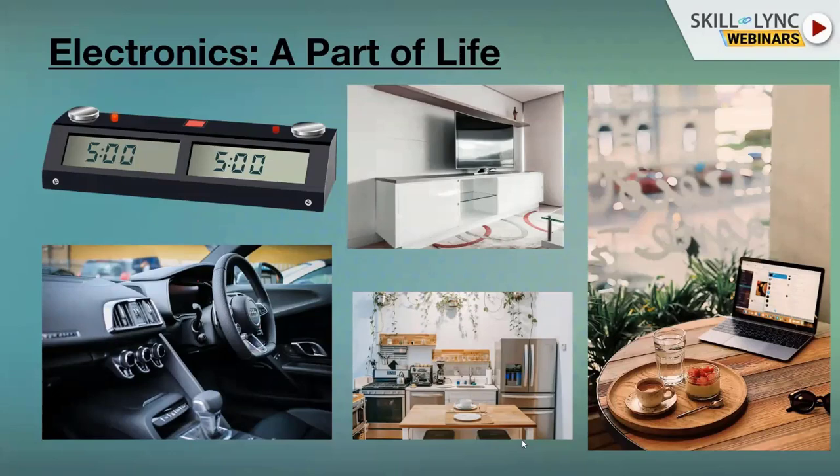You can see electronics everywhere. Though it is omnipresent, we tend to avoid this fact. But if you just give your focus to the things, you will find electronics surrounding your lifestyle, supporting your lifestyle in every possible way.